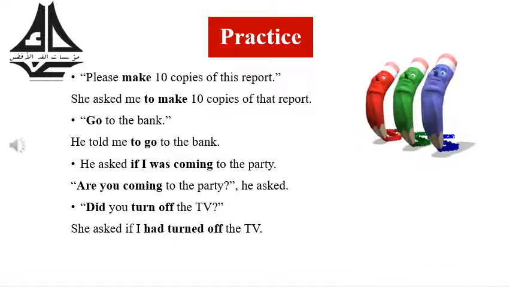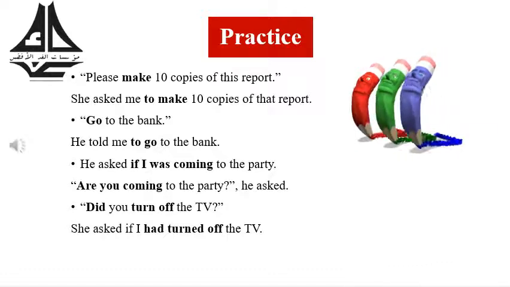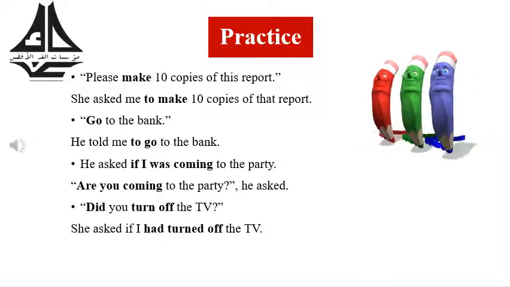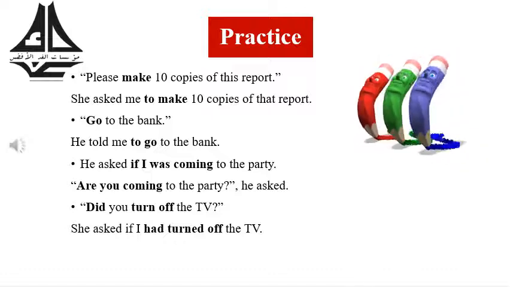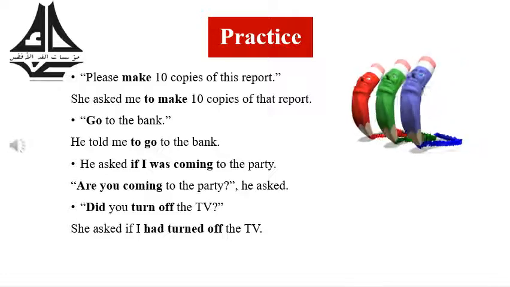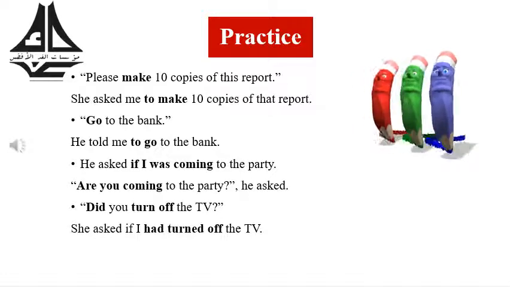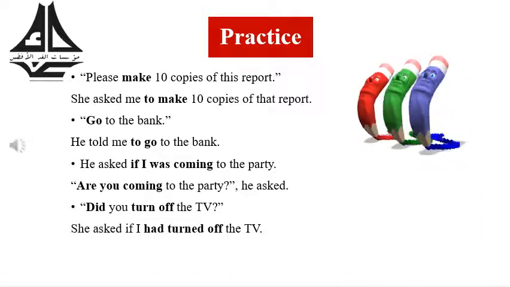Next, did you turn off the TV? She asked. This is a yes/no question. It's in the simple past. And we know that if we want to change from quoted to reported, I need to follow the rule. So if it is simple past, it becomes past perfect.